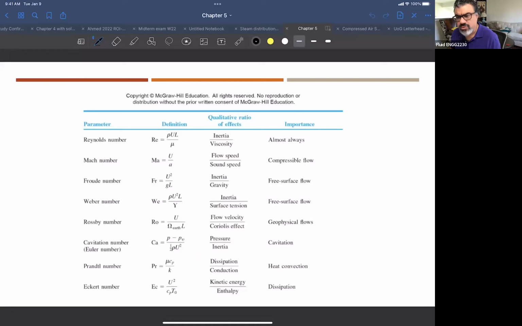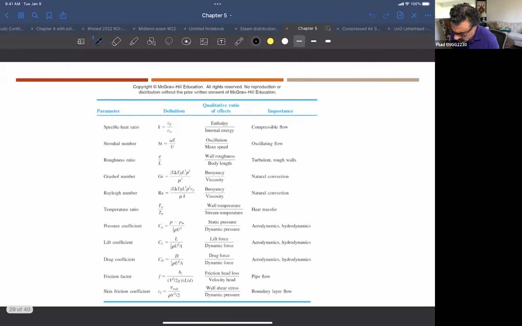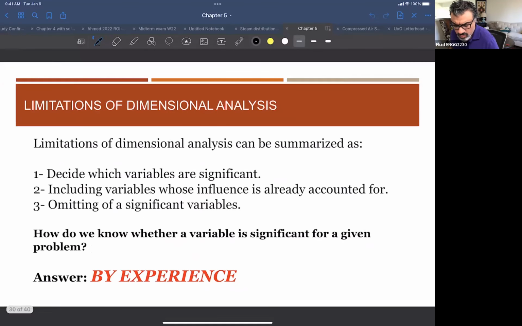And we went through very simple exercises. How can we develop these with a systematic approach of using the Buckingham Pi theory? And we ended our lecture by summarizing what we learned in this topic.